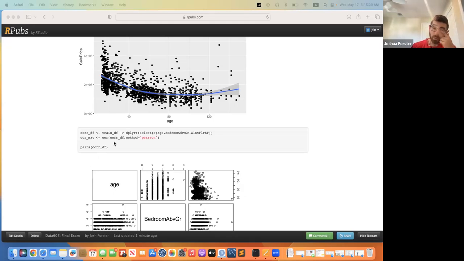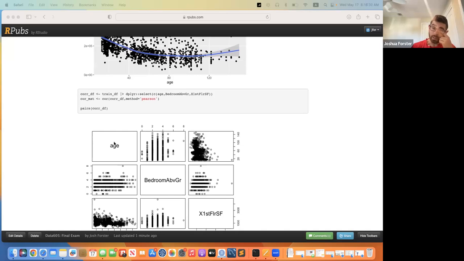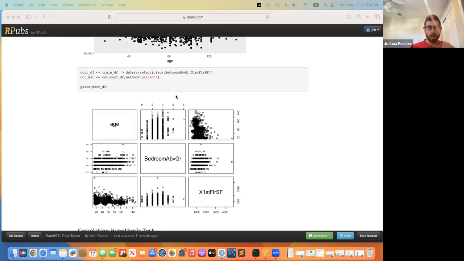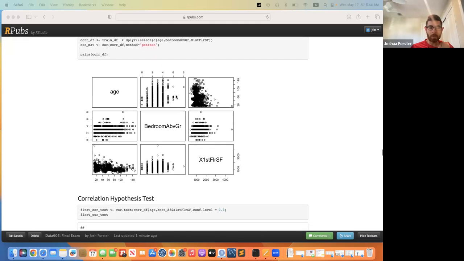I looked through the data set trying to find continuous variables. I decided ultimately to include one non-continuous variable, a discrete variable, bedrooms above ground. I quickly plotted the relationships between the 3 to look at the patterns overall.